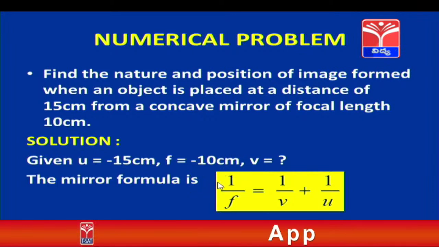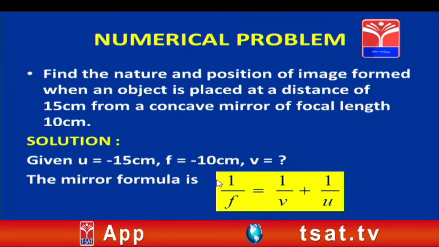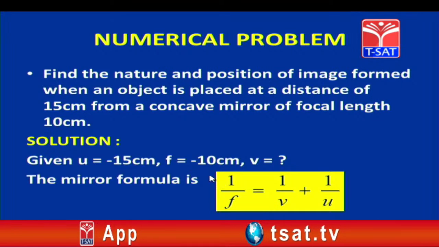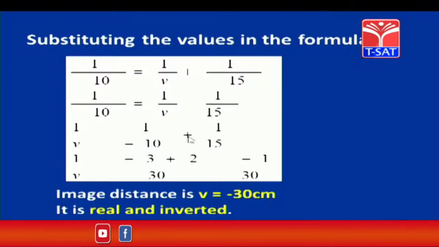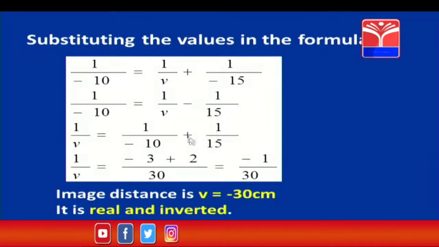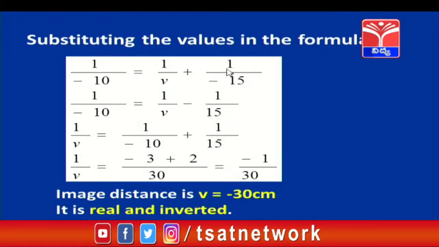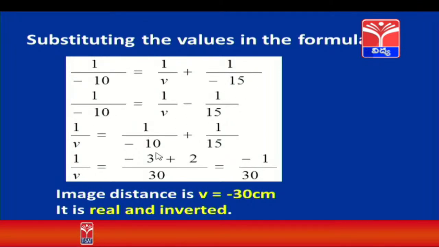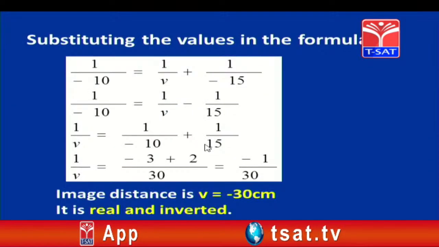The mirror formula here we are using is 1 by f is equal to 1 by v plus 1 by u. Now children, substituting the values in the formula, we have 1 by minus 10 is equal to 1 by v plus 1 by minus 15, and 1 by v is equal to 1 by minus 10 plus 1 by 15, that is u is sent on the other side of the equation.